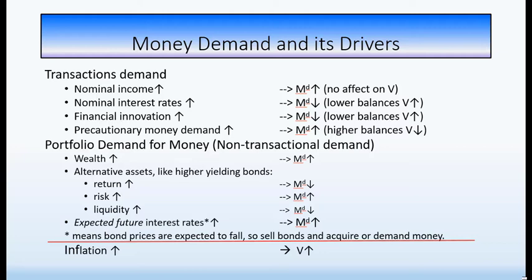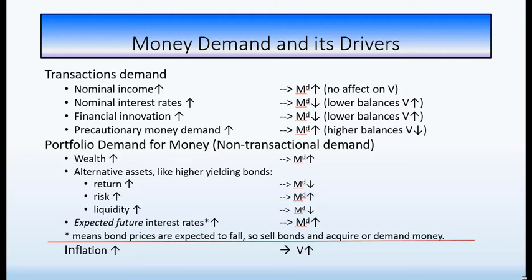Now let's move to nominal interest rates. When nominal interest rates go up, there's an opportunity cost of money associated with that. And so when we have higher interest rates, we're most likely going to put our money into, for example, a bond portfolio or a bond mutual fund. And we're going to conserve on the amount of money that's either in our pockets or in our checking accounts.